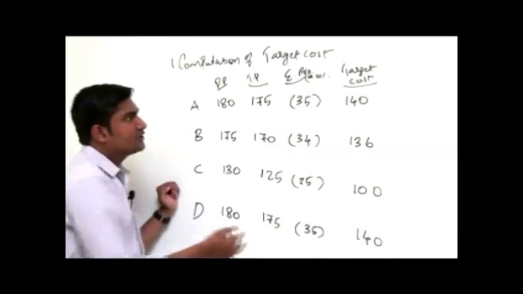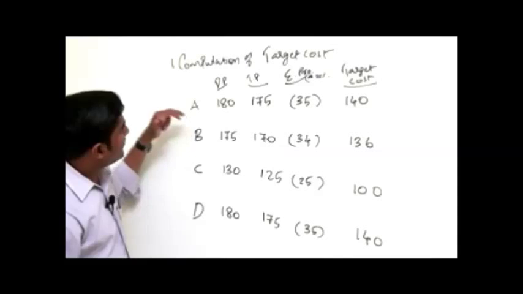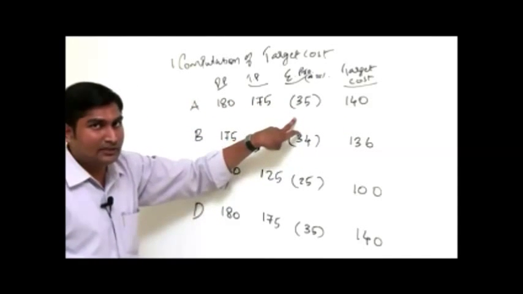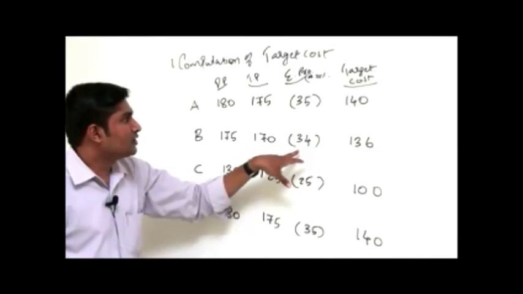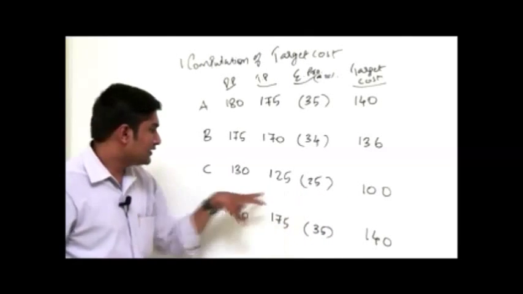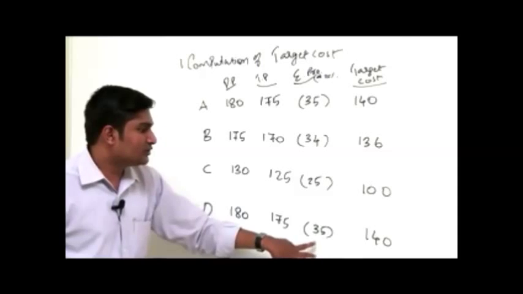So these are all the targeted costs. The firm has to produce A at 140 or less in order to get a profit of a minimum of 35, B at 136 in order to get a profit of 34 or more, C at 100 in order to get a profit of 25, and D at a cost of 140 per unit in order to get a profit of 35.